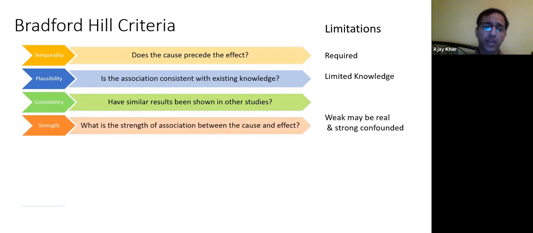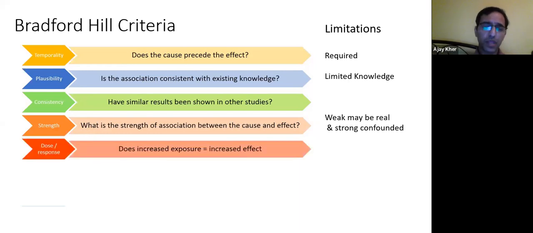So this is where, the stronger the association, the more likely, according to Bradford-Hill criteria, the cause and effect. However, we do know that there are occasions where a weak association may be real, but a strong association may be confounded by some unknown confounder as well.